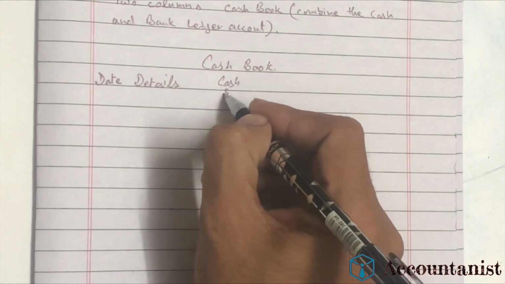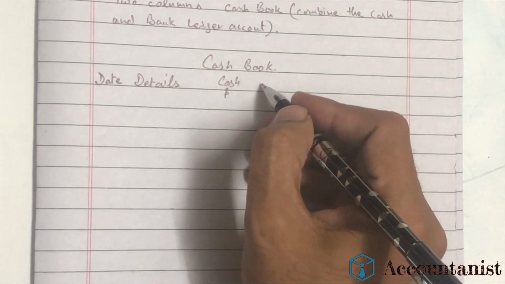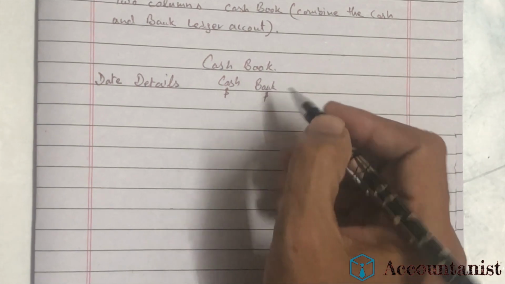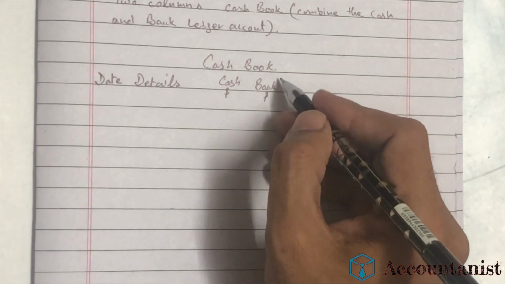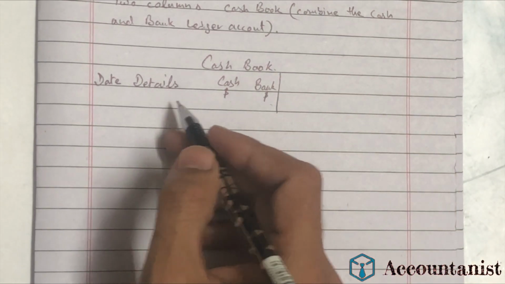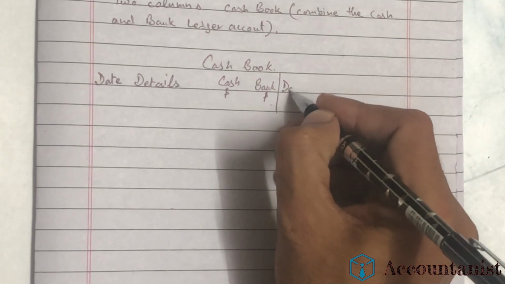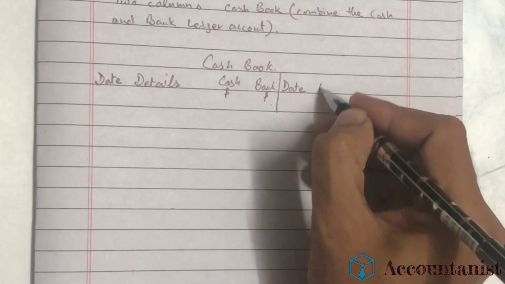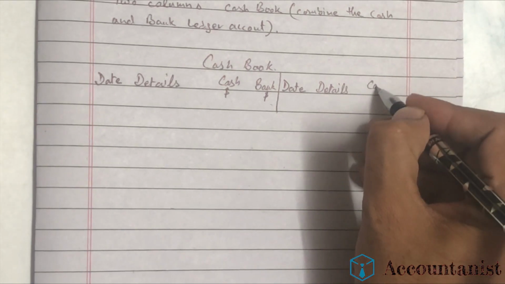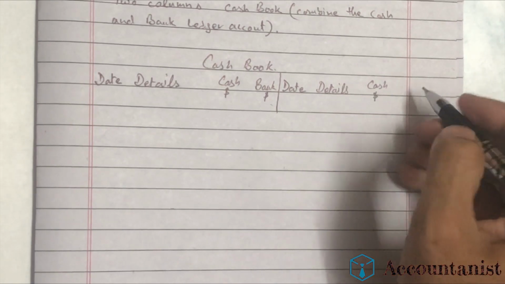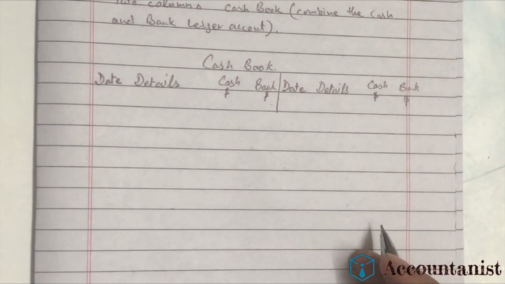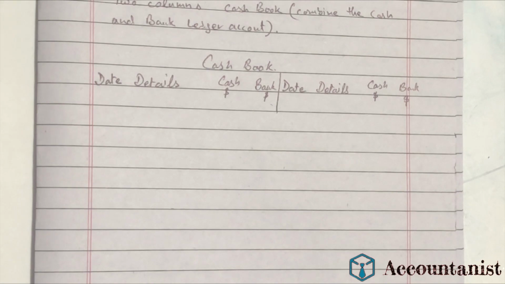The second amount column will be the bank amount column. Now this side will represent the debit side, and on the credit side again we'll have date, details, and then cash amount column, and then bank amount column. So this side is our credit side.